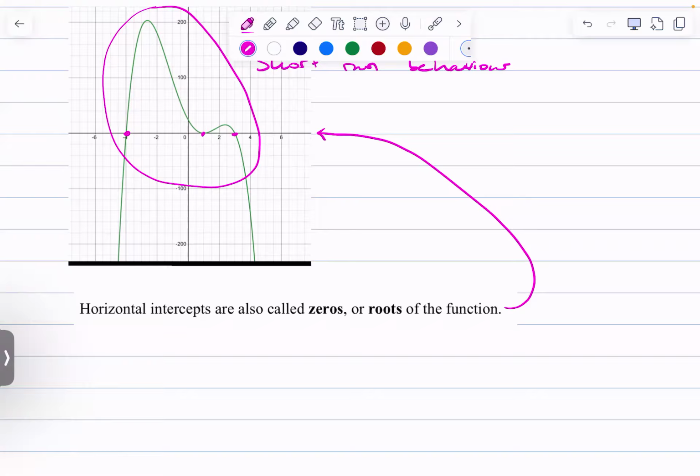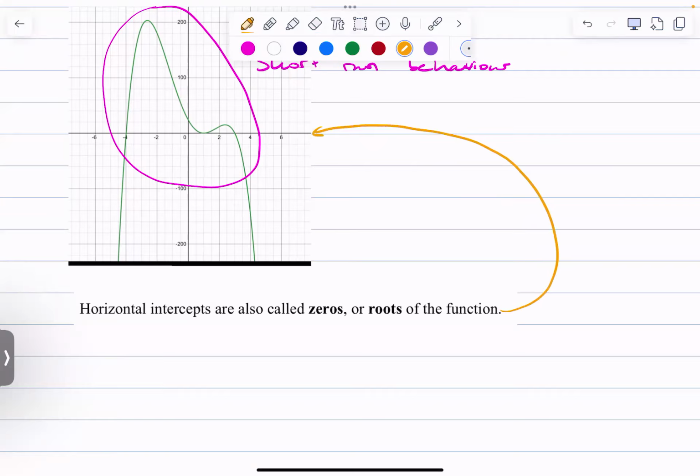I should use a different color, shouldn't I? How about orange? Aren't you glad I switched? Here, here, and here. So those are the roots or the zeros of the function, or the horizontal intercepts.